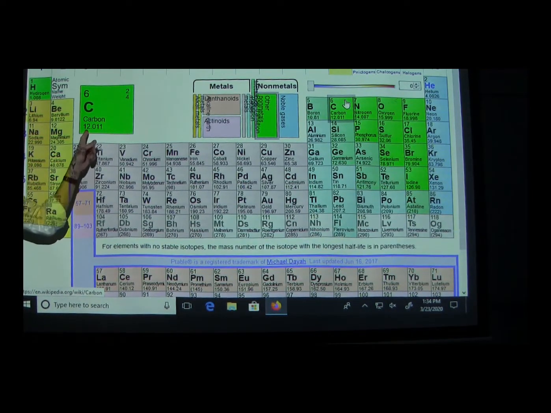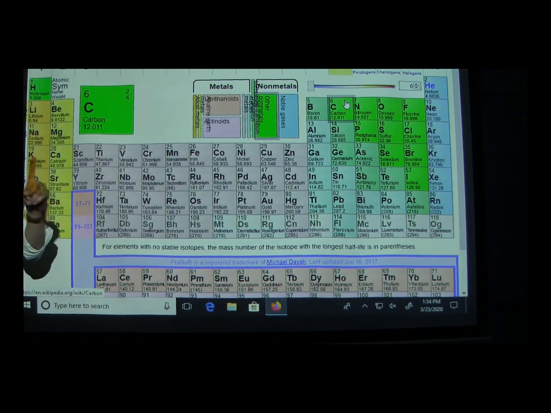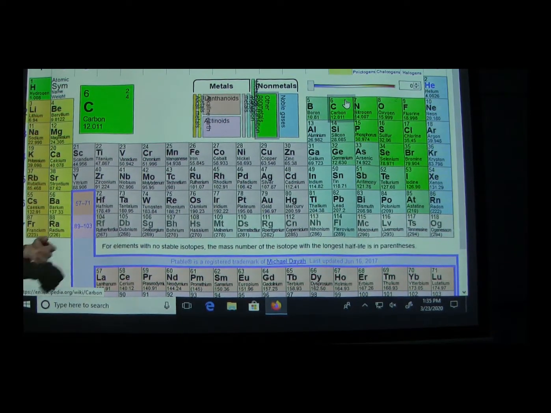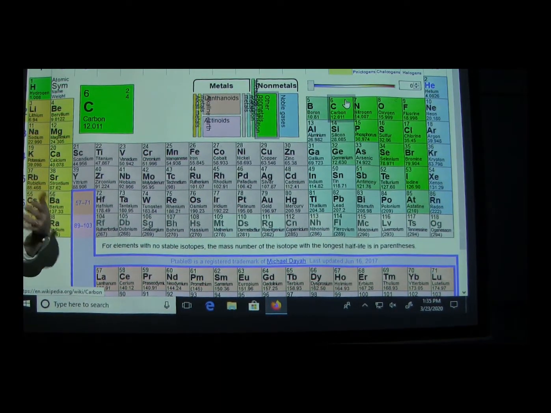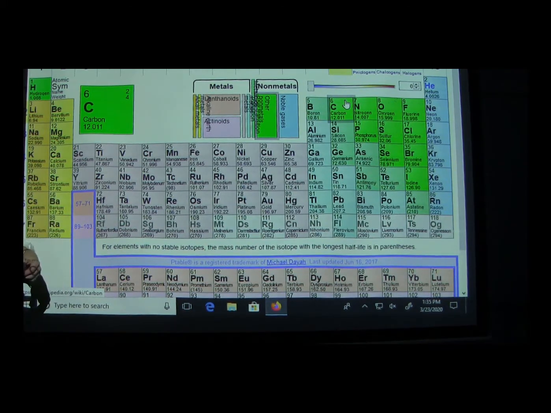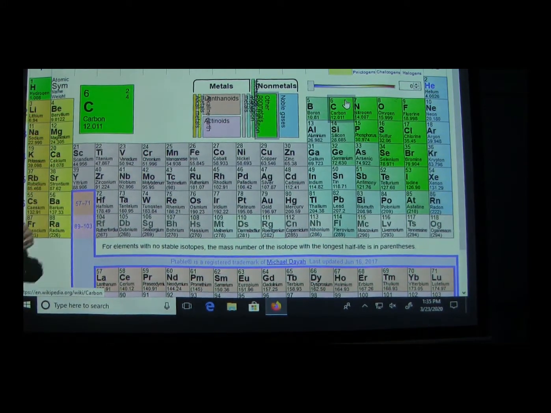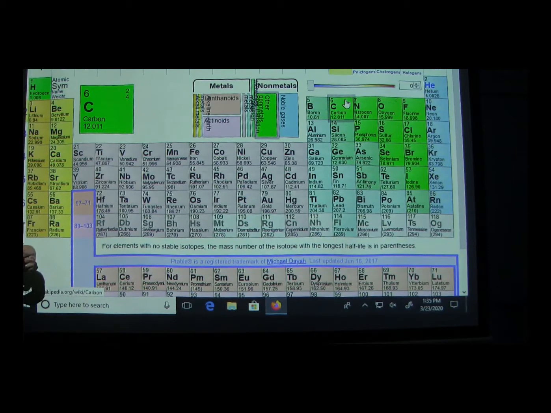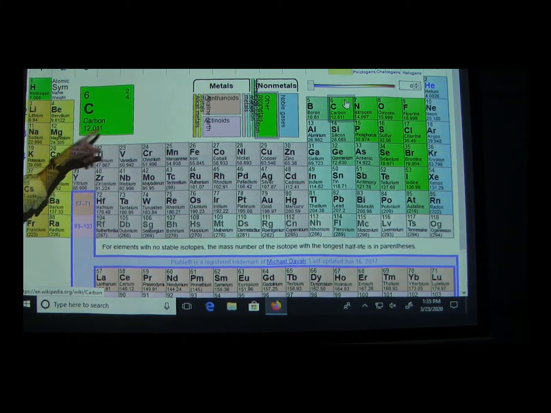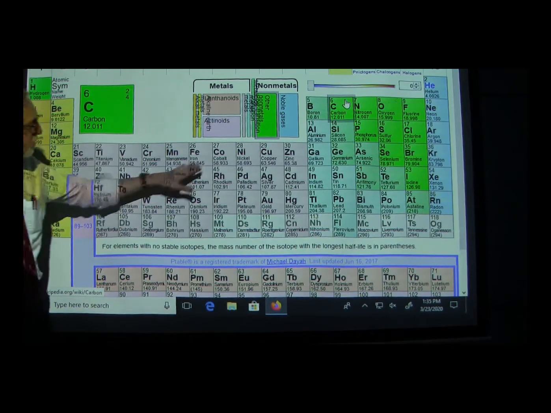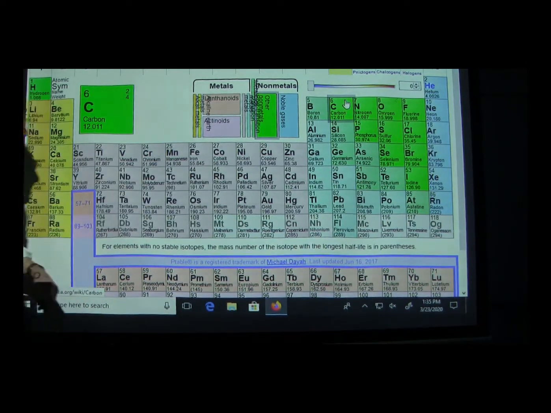So we can think of this as the average mass of 1 atom in a naturally occurring sample, if that's in atomic mass units. We can think of that as the mass in grams of 1 mole of naturally occurring carbon, if you were going to do a chemical experiment or something like that and wanted to know what the mass of a mole of those things would be. Okay, so there we go. And then those numbers are all different for different elements.